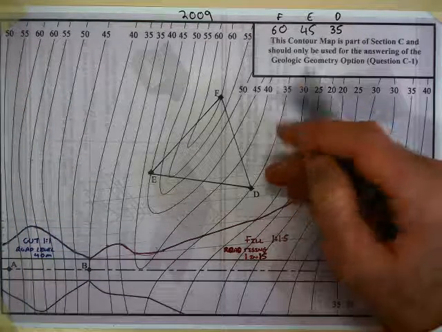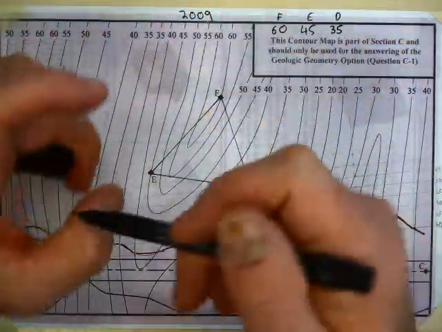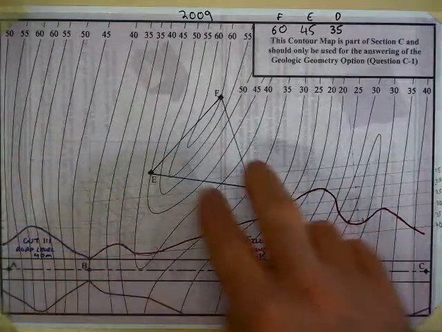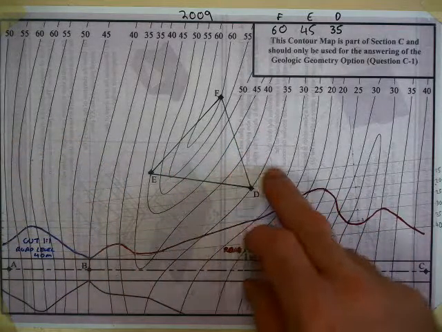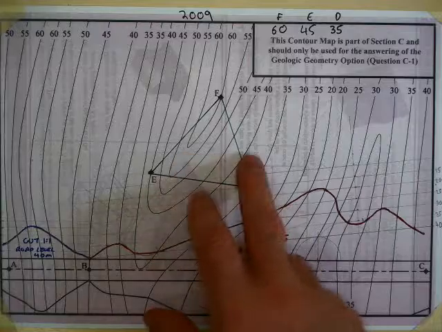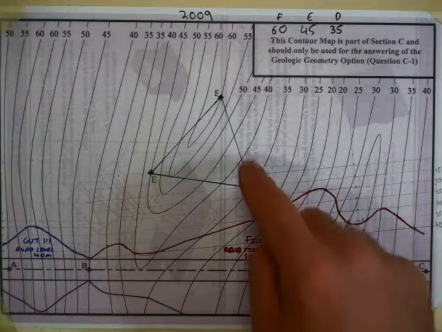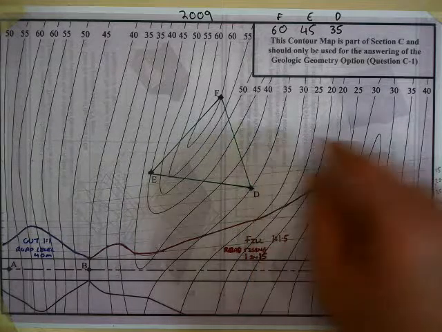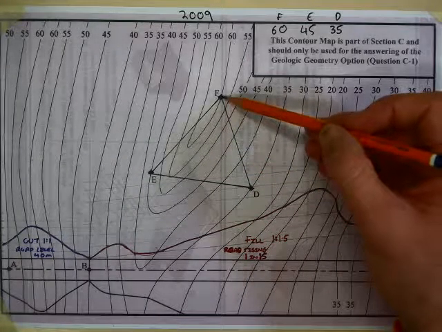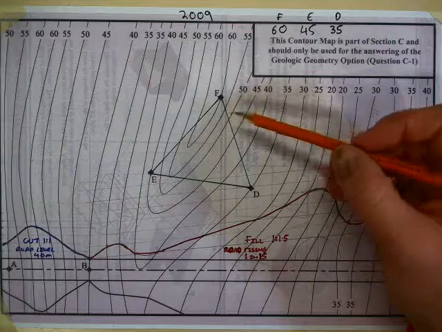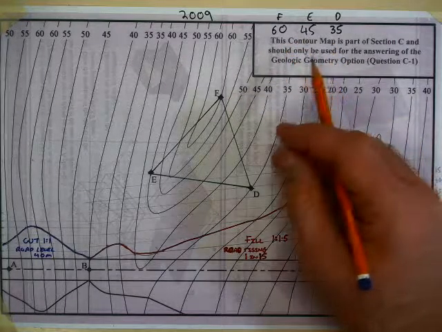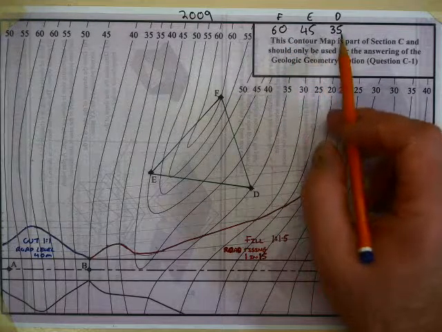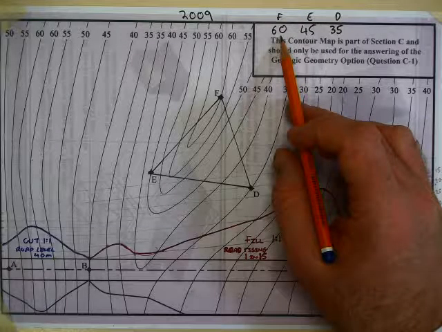Because remember up in the elevation we drew a horizontal line or a level line and then we got that line down here and it was a strike because it was a true length line, a true inclination line. So in order to get a point on this line 45 high, what we say is, if we were coming from D to F, that's 25 of a difference. It's going from 35 to 60.